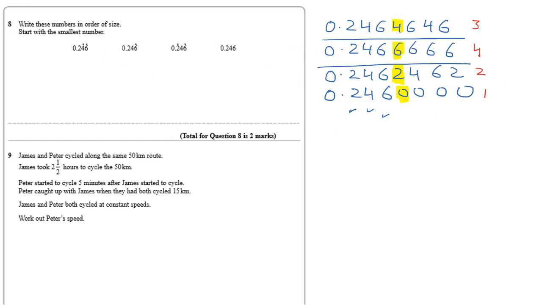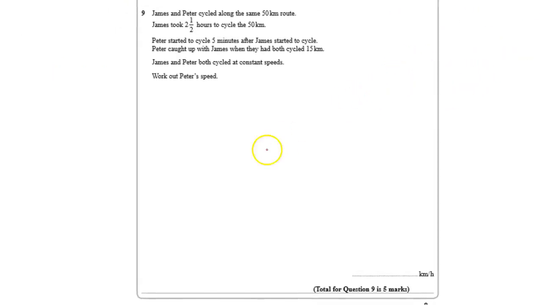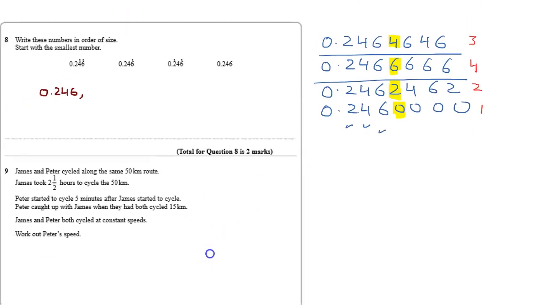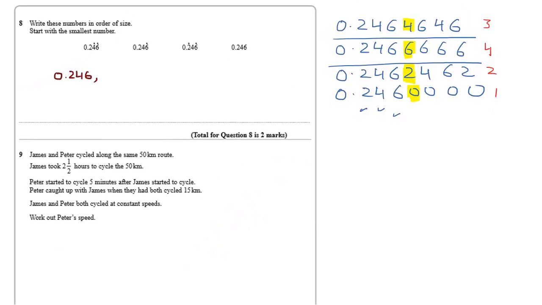So the answer will be 0.246, this one, then second is 0.246 repeating, then 0.246 this one, and the biggest number is this remaining 0.246. So that is the answer.